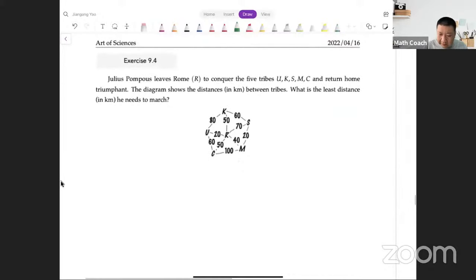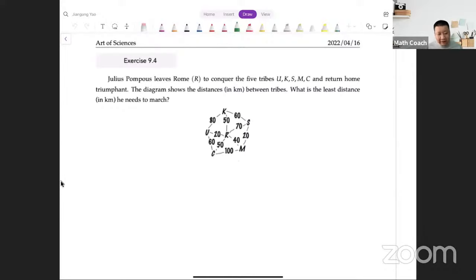Okay. Now, next. Question 9.4. Julius Pompous leaves Rome, which is R in the center, to conquer the 5 tribes U, K, S, M, C and return home triumphant. The diagram shows the distance in kilometers between tribes.